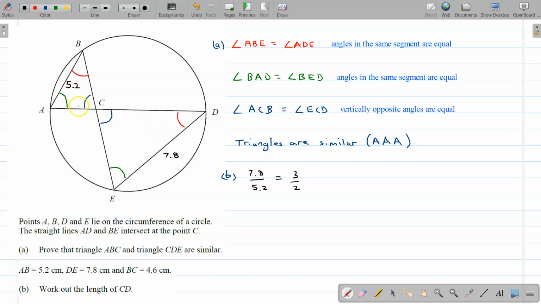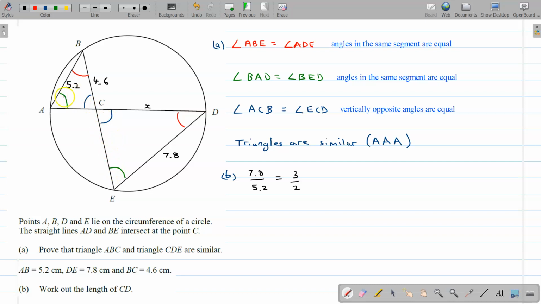Now, this is where you've got to be really careful with triangles inside circles, because they're saying that BC is 4.6, and you've got to find the length of this here, CD, which I'm going to call X. Now, if you're working with parallel lines, if that line AB was parallel to ED and nothing to do with circles, this angle here would be the same as this one over here, and this 4.6 would be scaled up to be this length here.